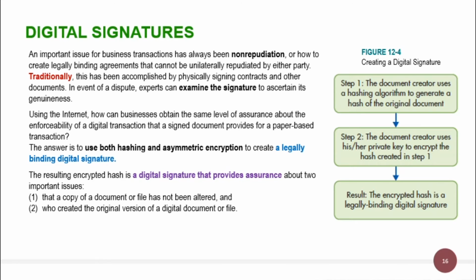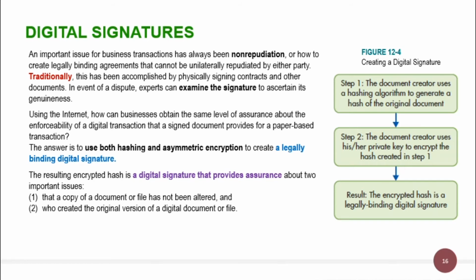So the agreement must be binding, not unilaterally repudiated by either party. So each party cannot cancel the document since the document is bound legally. This is called digital signature.